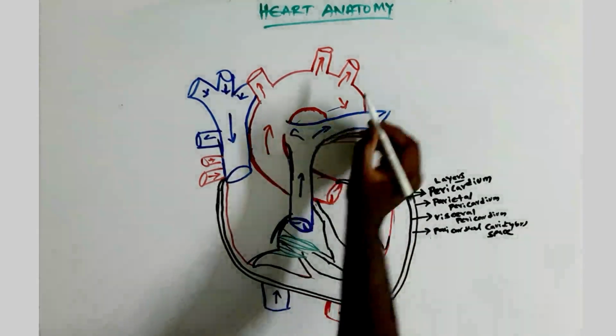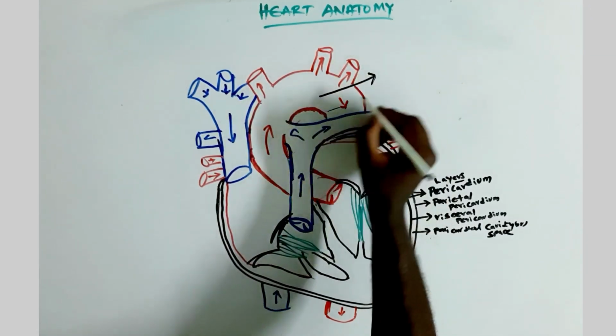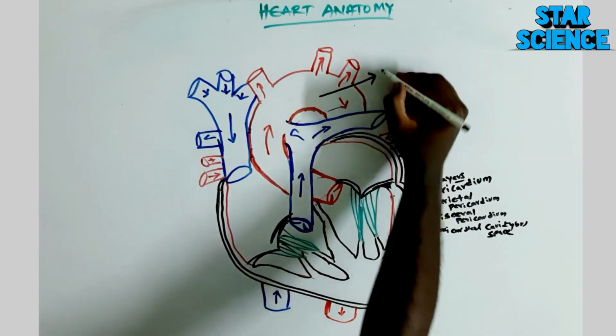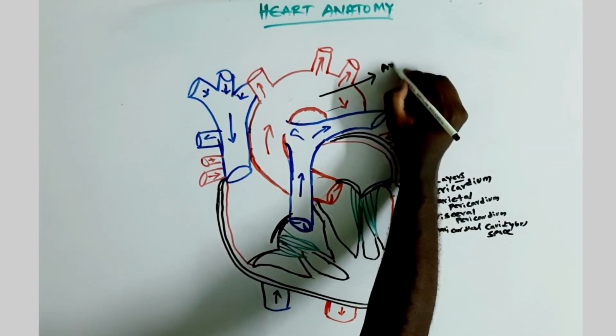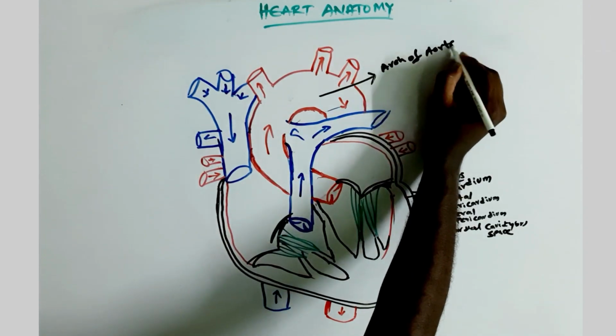Next, we are seeing the aorta. This is the arch of the aorta, where it brings oxygenated blood from the left ventricle. From here it will send oxygenated blood to the upper and lower parts of our body.